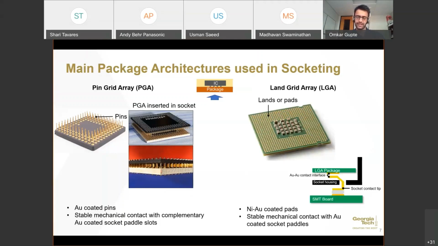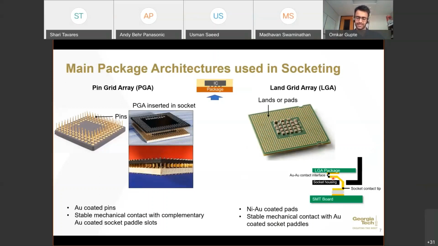The second main architecture used is the land grid array, where instead of pins, there are copper pads coated with nickel gold coating, with a gold outer layer on the pads. This package is then flipped and inserted into the socket, where a stable mechanical contact is formed between these lands or pads and the socket paddles.